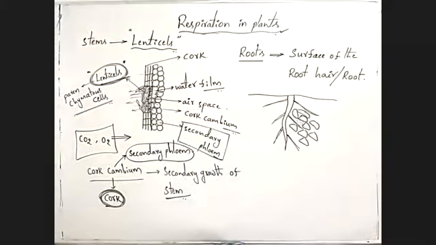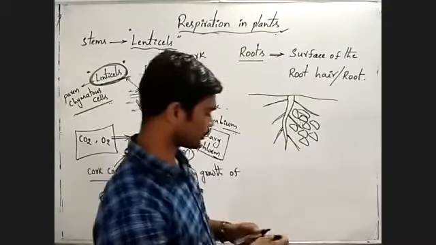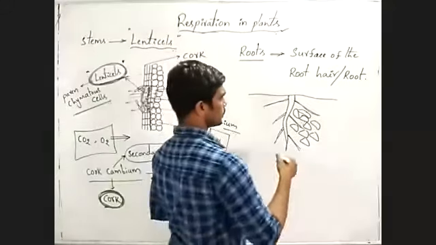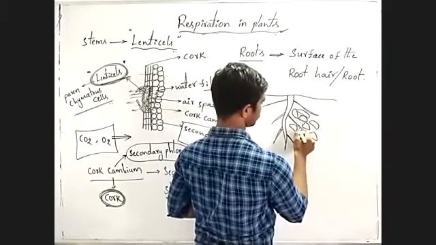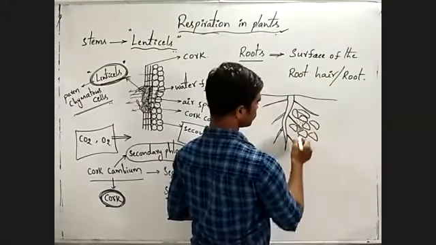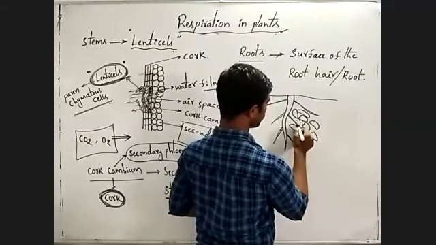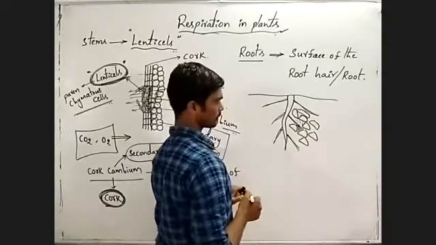Air spaces are there. From these air spaces, oxygen enters into the roots. Carbon dioxide is released out of the roots.